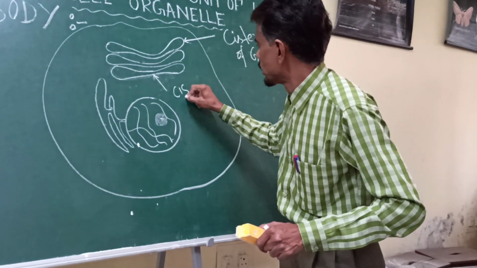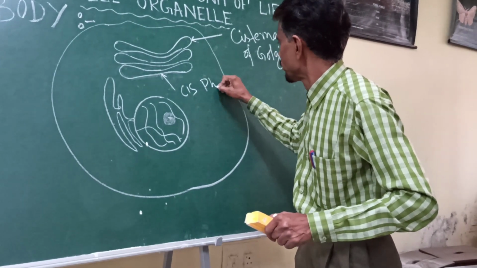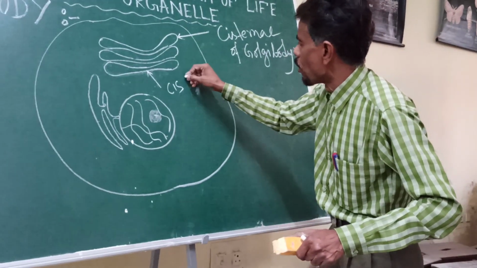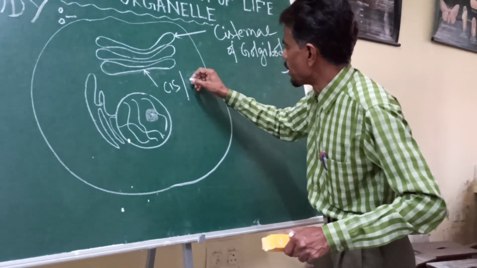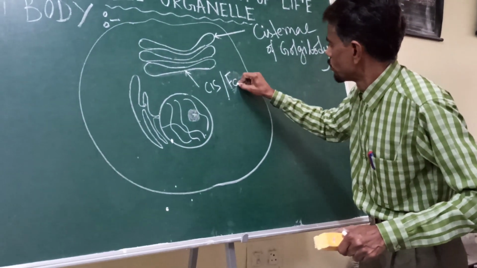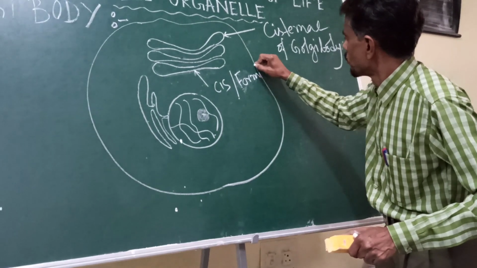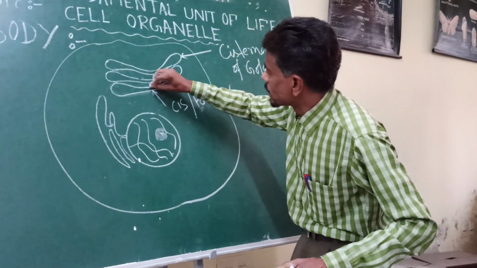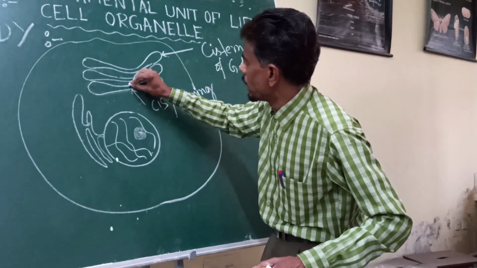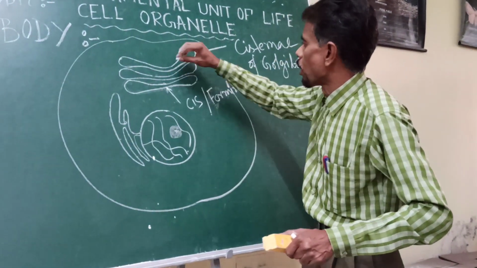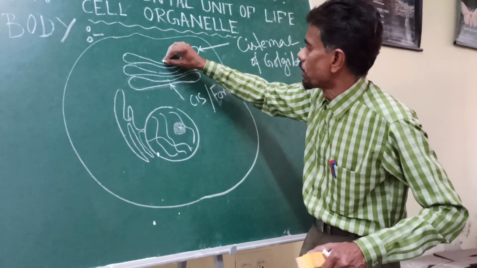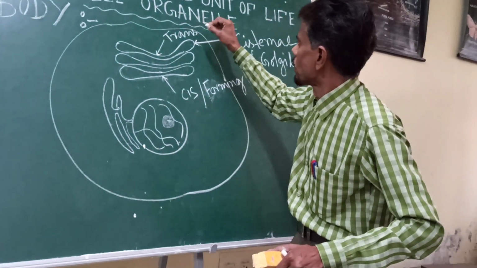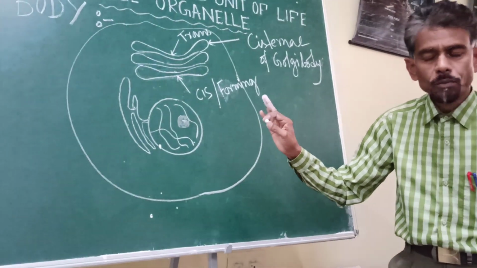Cis phase, or simply called cis or forming phase. And the opposite side, this one, is called the transphase. Is that clear to you?